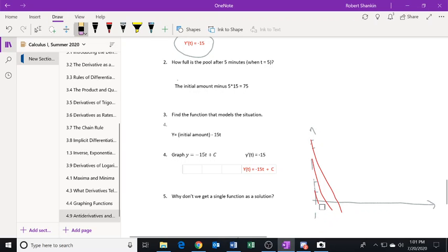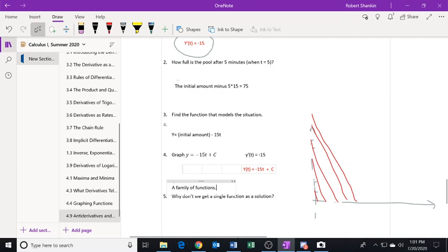That doesn't make any sense in this context. When you run out of water, you'd stop. You wouldn't go to negative amounts of water. But what you're going to get is an infinite amount of curves that are all parallel to each other. And so what you get is a family of functions.